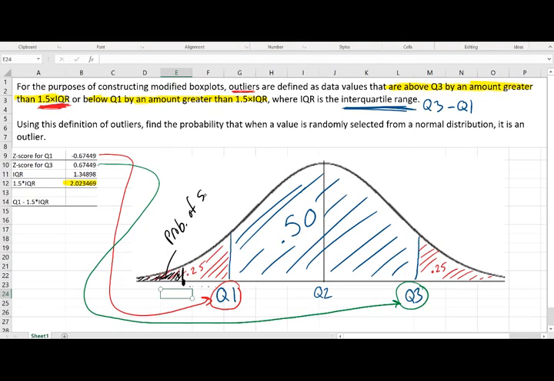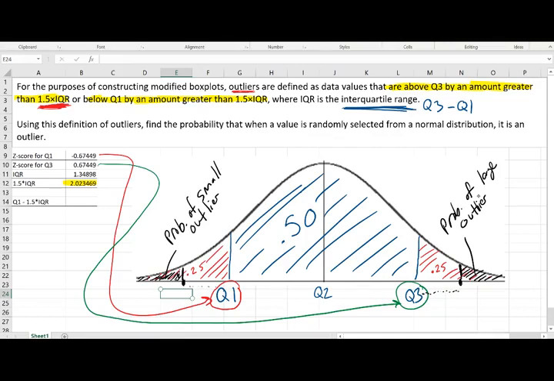And then we'll do the same thing. We'll take Q3 and we'll add 1.5 of the interquartile range. We'll get a z-score there. And that will be the probability of a large outlier. So you could have an outlier on the low end, you could have an outlier on the high end.